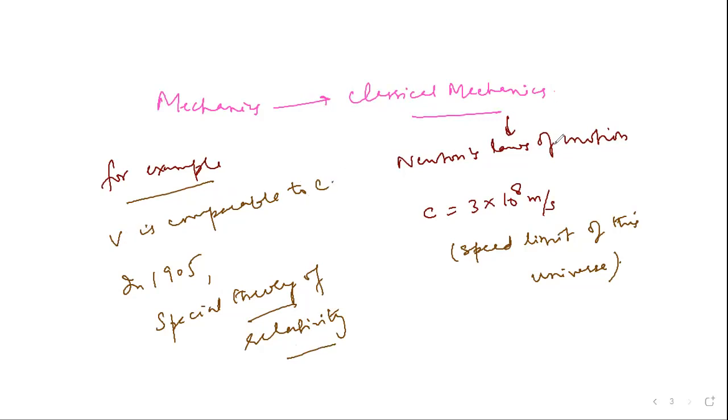But Newton's laws of motion fail there. But special theory of relativity in ordinary circumstances, that means when v is small compared to c, reduces to Newton's laws of motion or classical mechanics. That means special theory of relativity is the more general theory. Classical mechanics is less general.